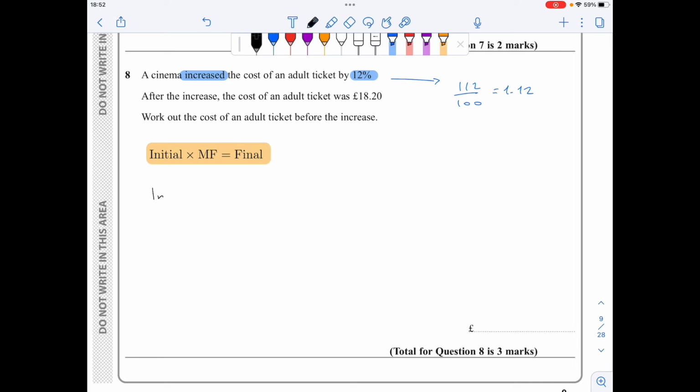So initial value times 1.12 equals 1820. So initial value equals 1820 over 1.12. Put this on the calculator and you'll get 16.25.